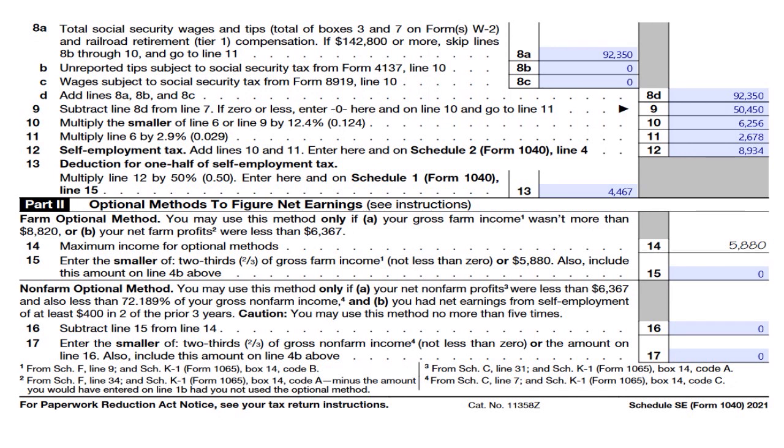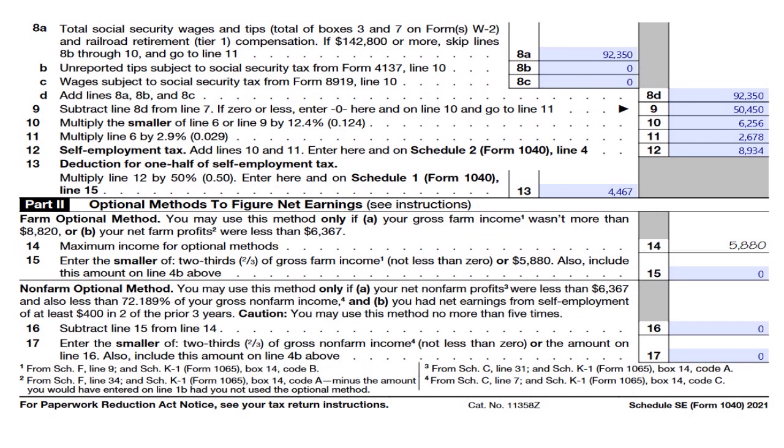And your self-employment tax is basically a sum of the two lines. So you have line 10 and line 11. So 6,256 and 2,678, that will amount to 8,934. Okay.